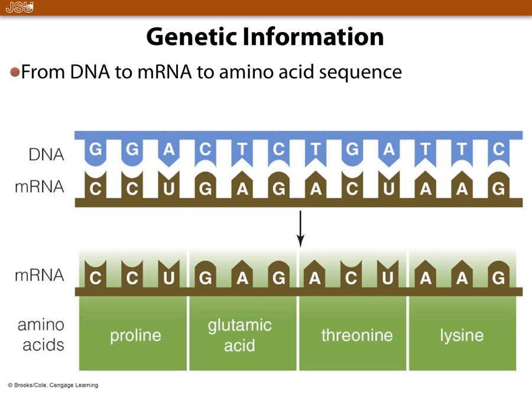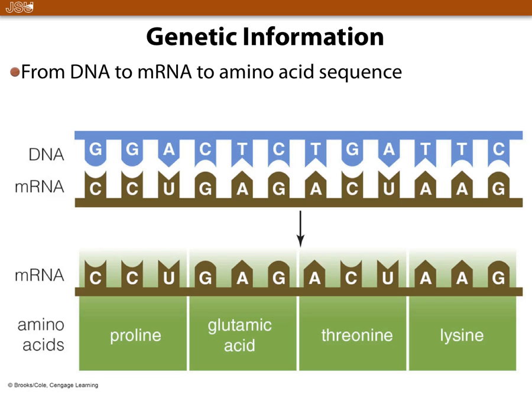Okay. For example, CCU, that codes for proline, an amino acid. GAG, that codes for glutamic acid, an amino acid. Okay. AAG, lysine.